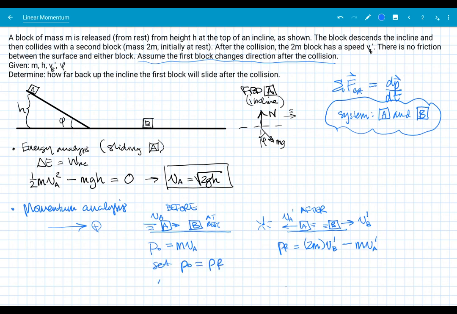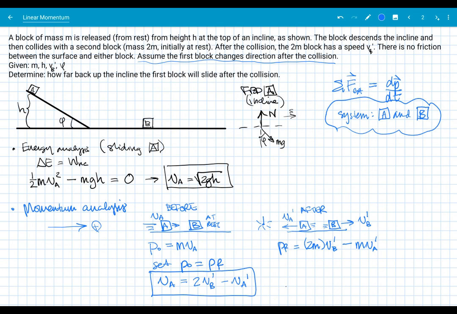And then when I solve for VA, I get VA equals 2VB prime minus VA prime. So that just gives me another equation. I know that I want to solve for VA prime.